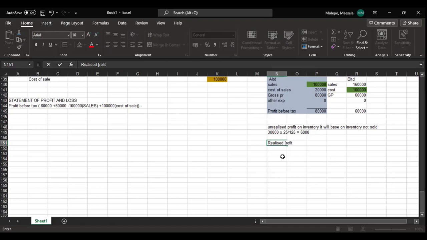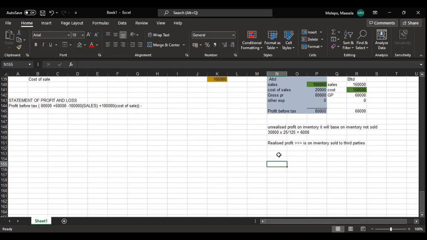So the realized profit comes on the inventory sold to other third parties. So the realized profit is on inventory sold to third parties. So now let's calculate something.